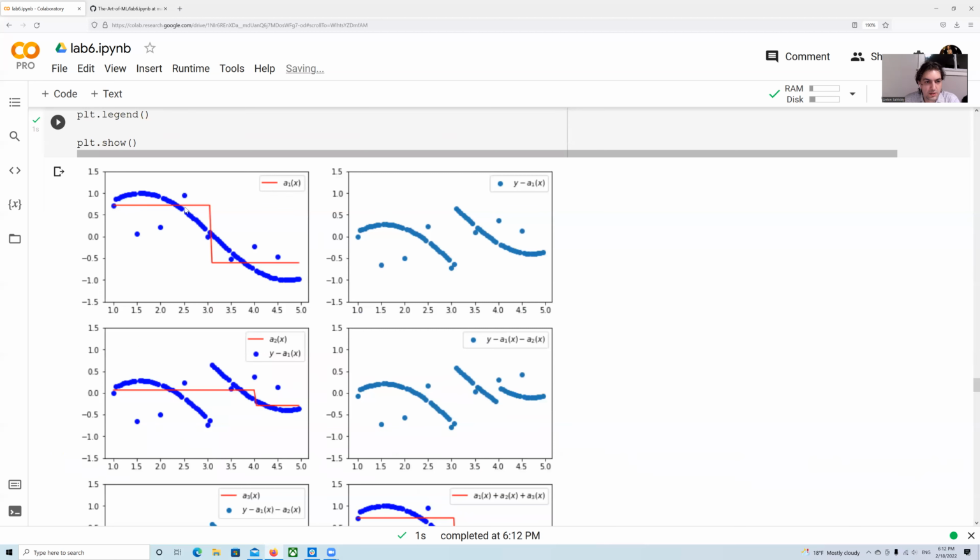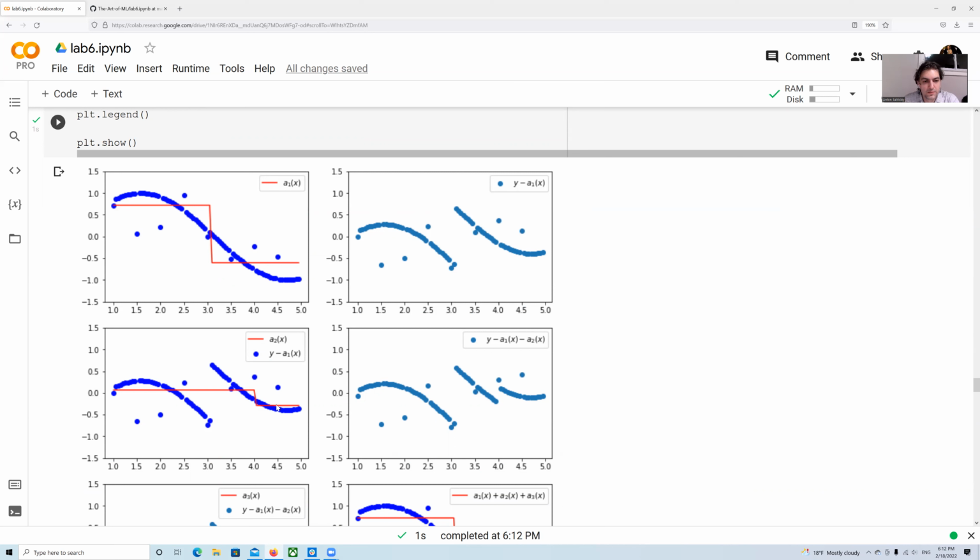I trained the first decision stump on the sinusoid, and then subtracted the predictions from our original data. This plot on the right represents the error of the first model. Then we train the second decision stump on the error. So here is the result.